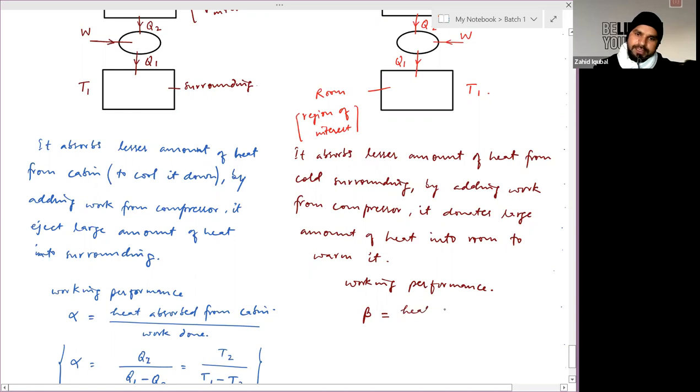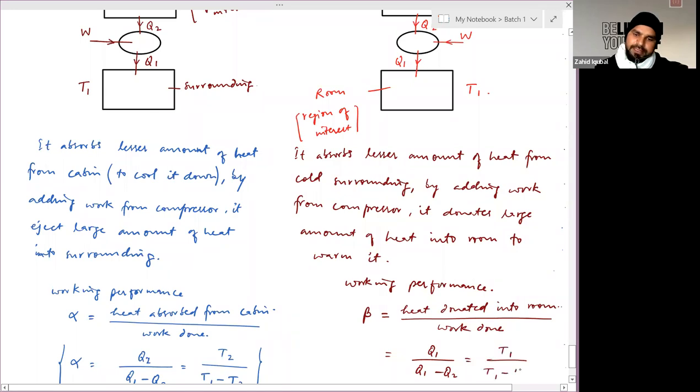So it is heat donated into the room divided by total work done. So it will be Q1 divided by Q1 minus Q2. In terms of temperature, it is T1 divided by T1 minus T2.